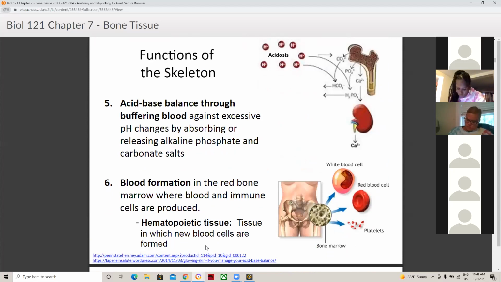Another function of the bone is that it's involved in acid-base balance. Remember, this is pH. It helps buffer the blood against excessive pH changes by absorbing or releasing phosphate and carbonate salts.